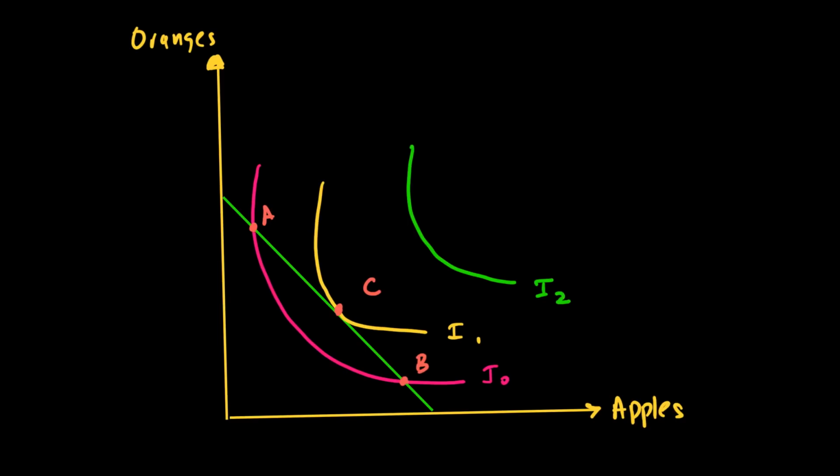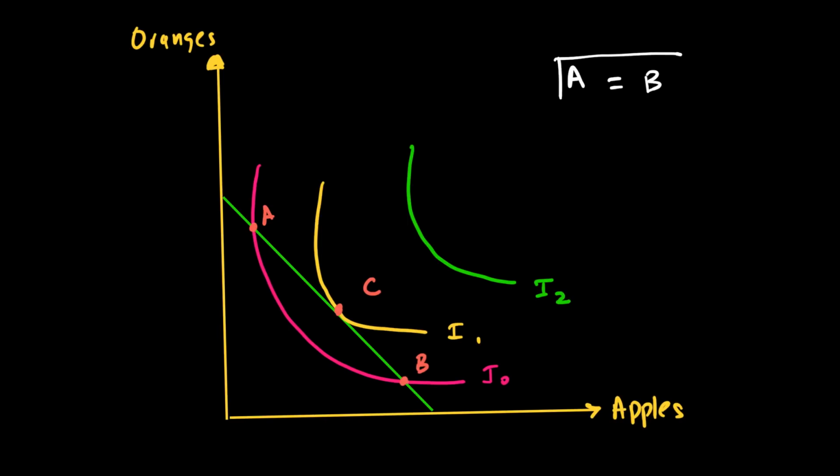Because all these combinations A, B and C are on my budget line, and therefore they are affordable. So if a consumer has a choice of buying A, B and C, which one will he ultimately buy? Well, we know this, that the consumer is indifferent between A and B. So between A and B, he will say this: A is equal to B.